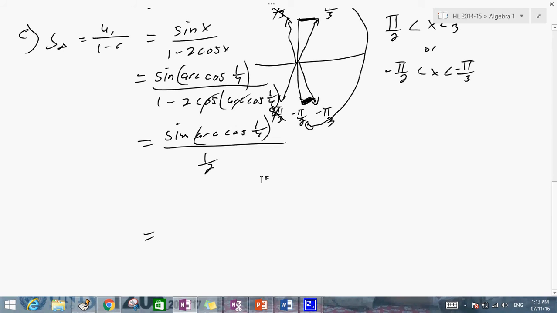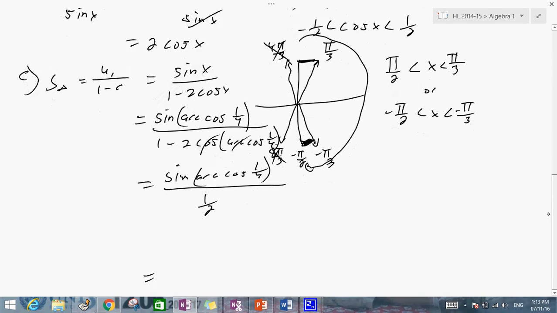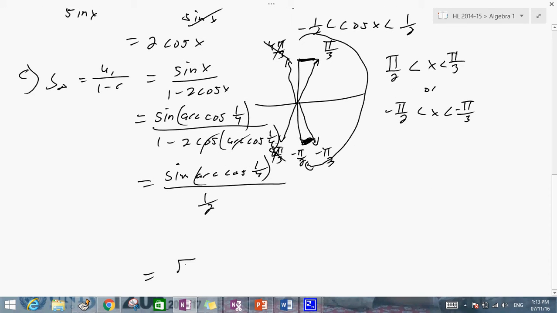And we know that the final answer is going to be root 15 over 2. So what we've got here is 2 sine arc cosine 1/4.